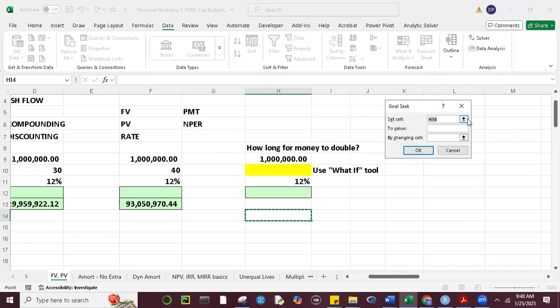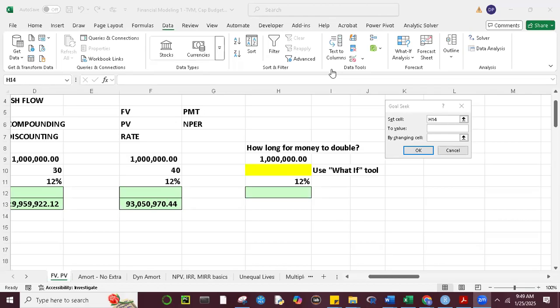What appears here, a spreadsheet icon or this arrow? A lot of things have changed. I'm using Excel 365, so I don't know what version of Excel you're using, but it's the same. It's a spreadsheet icon; in my case, it's an arrow.